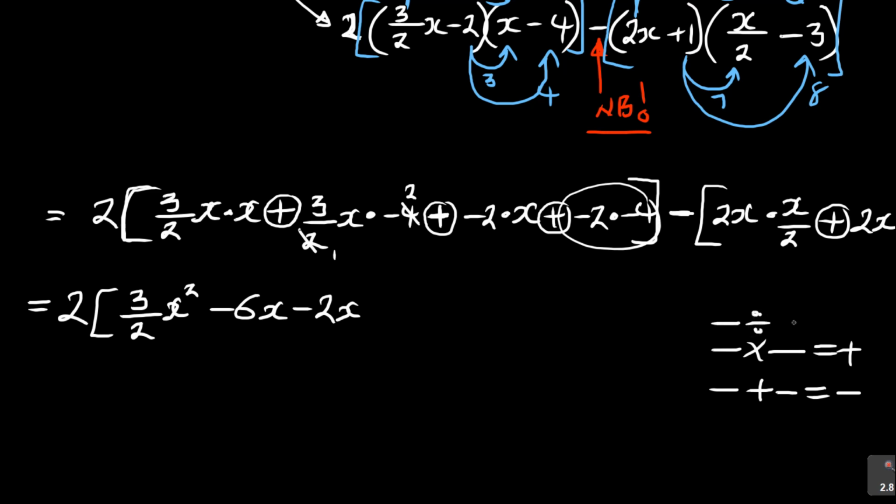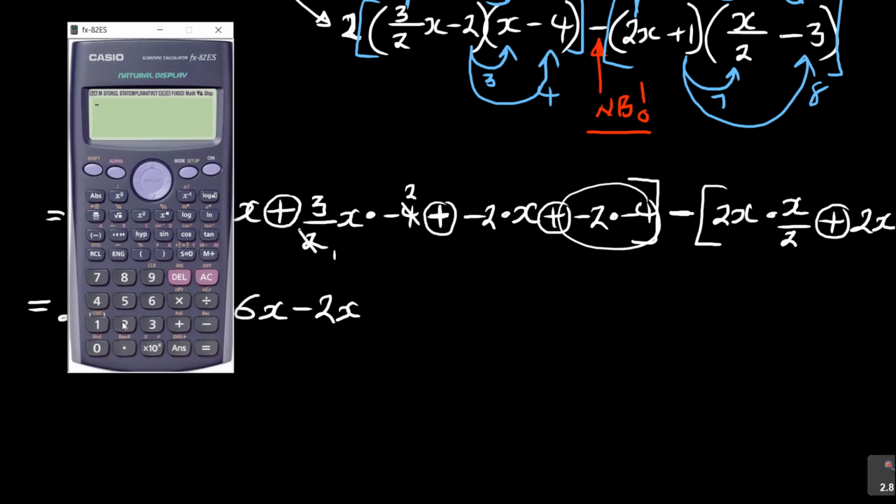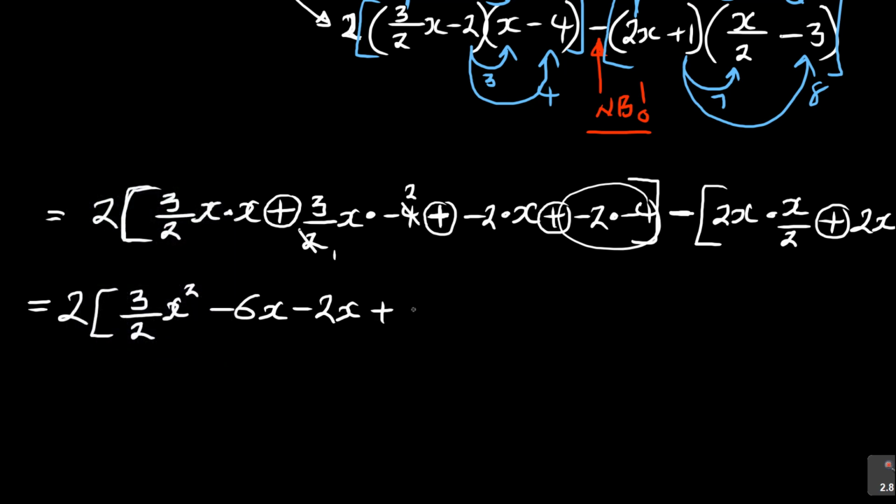Negative divided by negative is still a positive. Alright, so just remember that, those things. So now we are saying negative 2 times negative 2, negative 4, it's positive what? 2 times 4 is what? Is 8. So that is negative 2 times negative 4, it's positive 8. That's a positive 8. Are you seeing that?